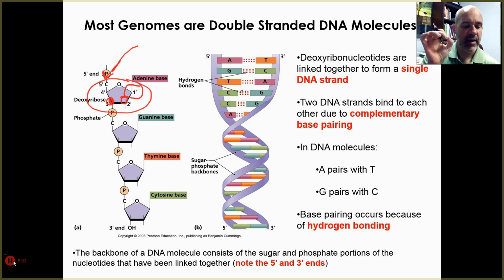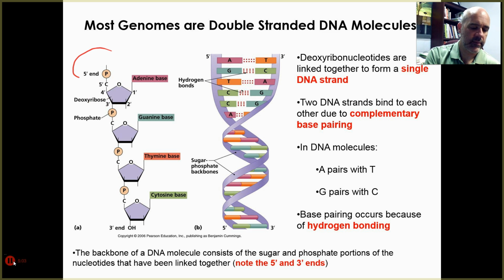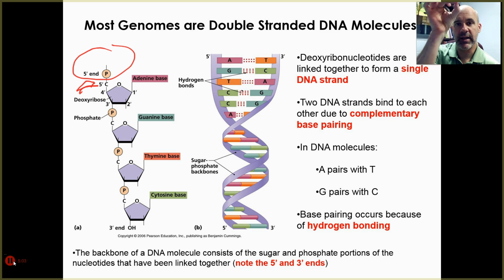And the 5' end, remember you've got a sugar bonded to a phosphate. So that 5' carbon on this sugar is attached to a phosphate, a phosphorus surrounded by 4 oxygen atoms. And if you've got a linear DNA molecule, so it's not a closed circle like we were talking about with bacteria, but a linear open-ended DNA molecule, a strand is going to have one end where there's a free phosphate.